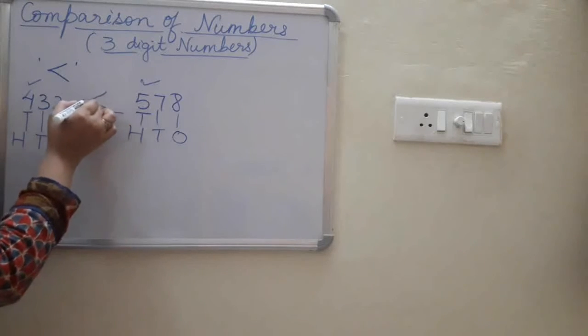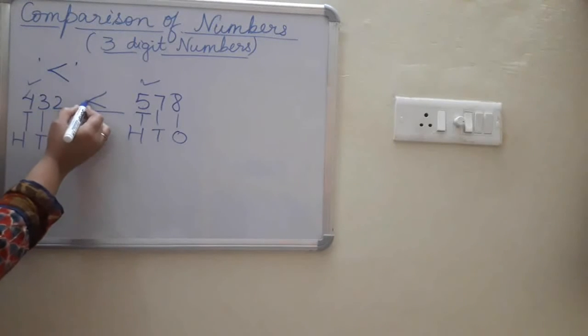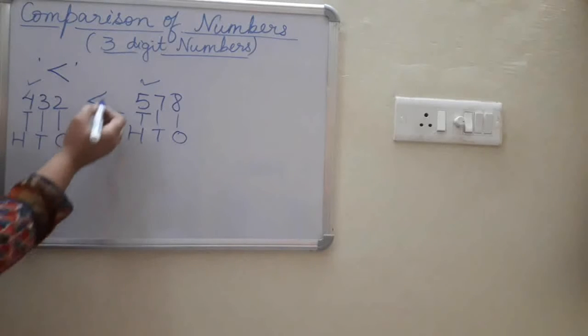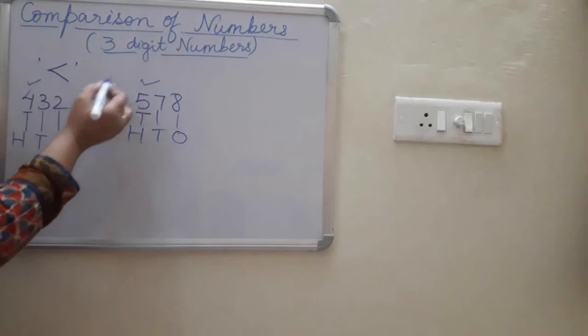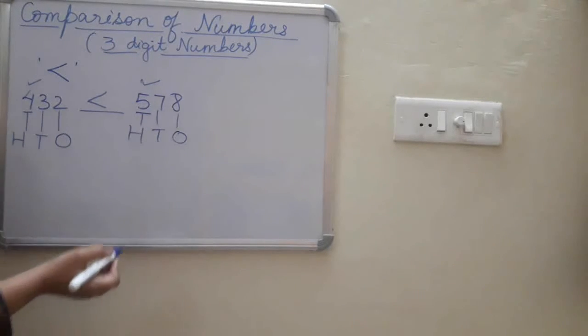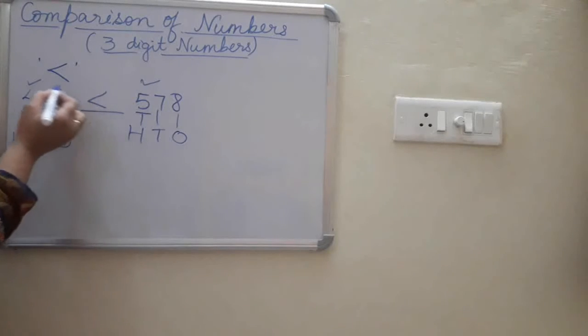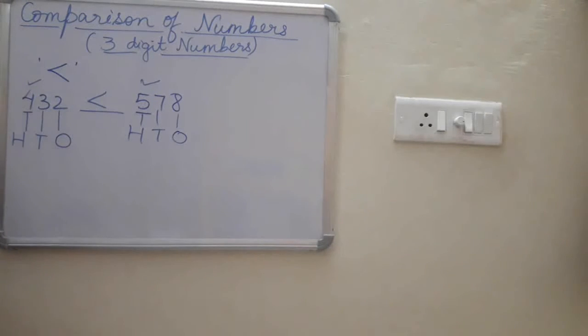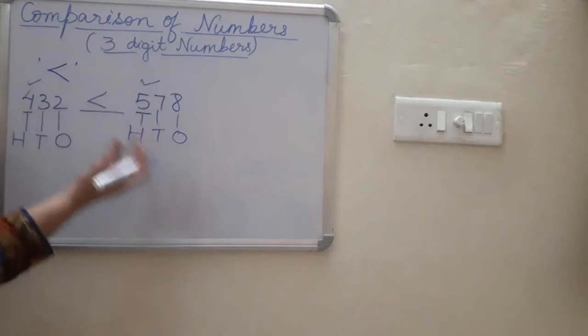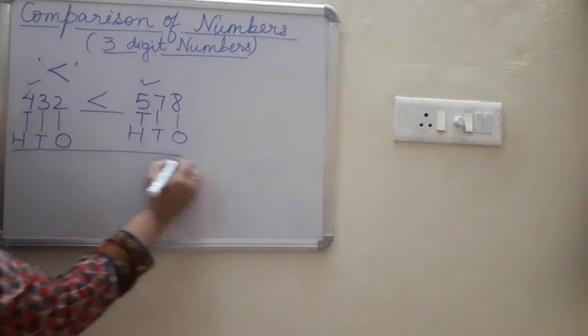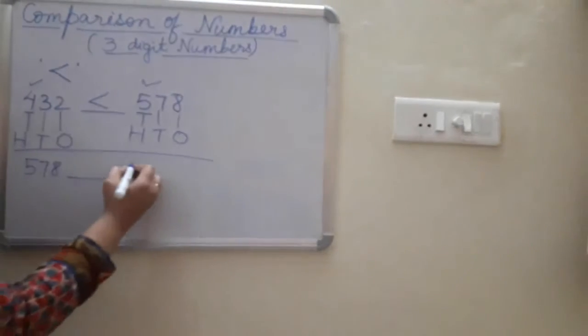Okay. As I was telling you, this is the closed end and this is the open end. This open end faces that number which is greater and closed end faces that number which is smaller. Suppose we reverse the case, suppose we write the same numbers but in different positions.